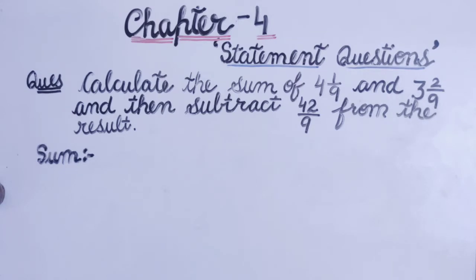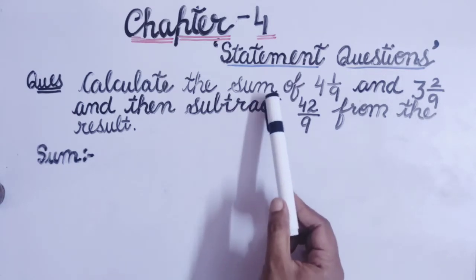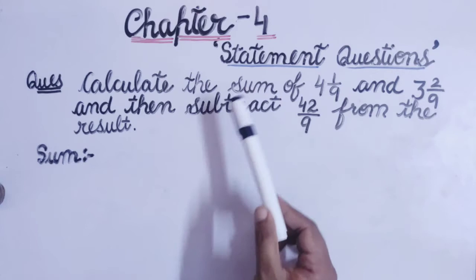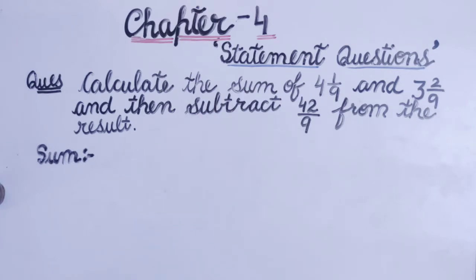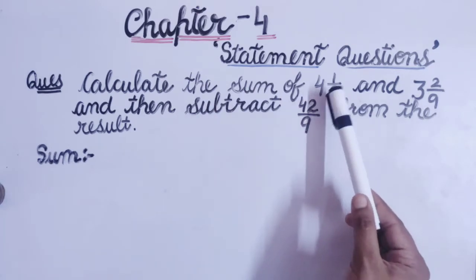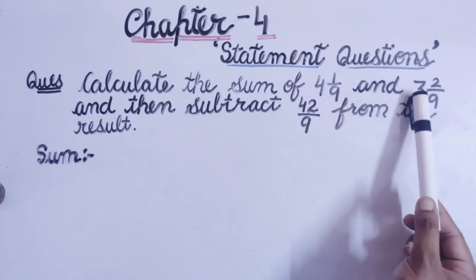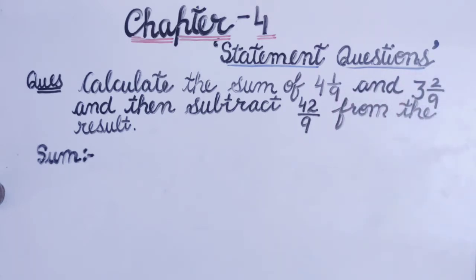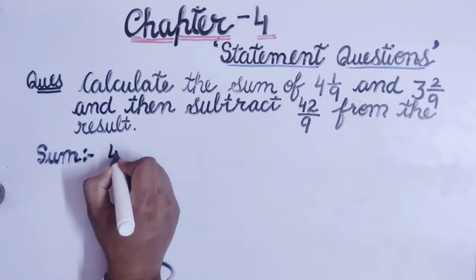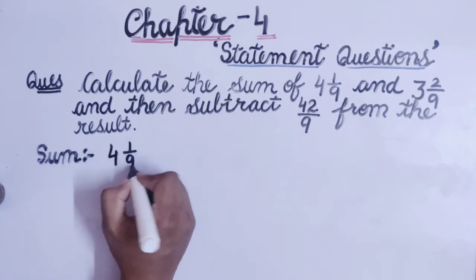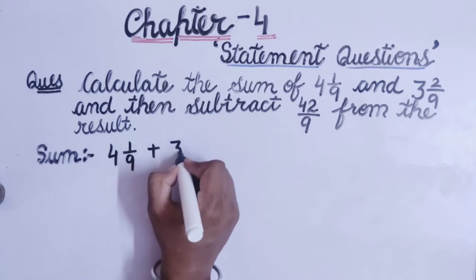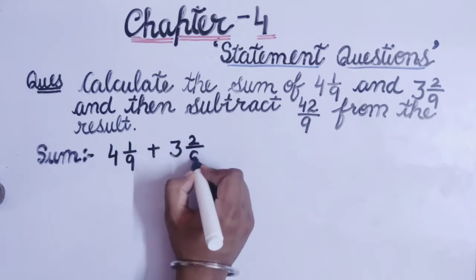Okay, students, first of all the question is saying calculate the sum. Sum means we have to do plus of 4 1 by 9 and 3 2 by 9. So first of all we will find out the sum of 4 1 by 9 and 3 2 by 9.